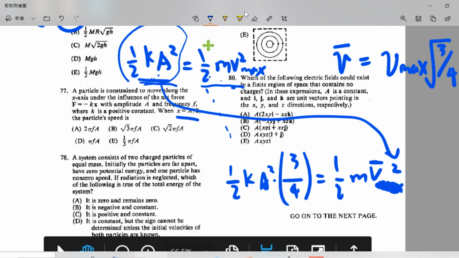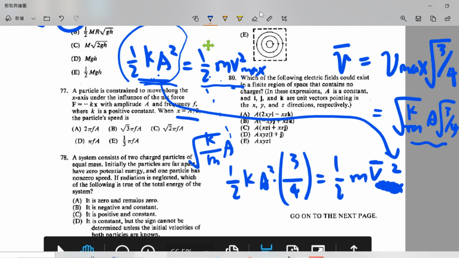And your v max, you can solve by this, right? The v max is just the square root of K over M times A. So this is the answer. But you will say, oh, there's no such answer. But you know that omega is the square root of K over M, and omega is 2 pi f.